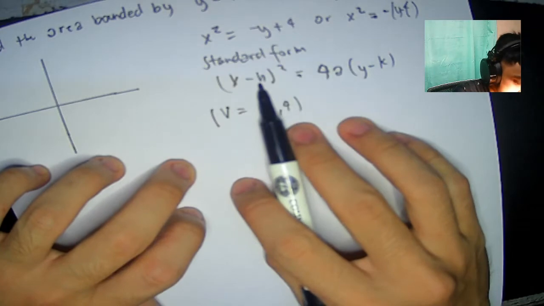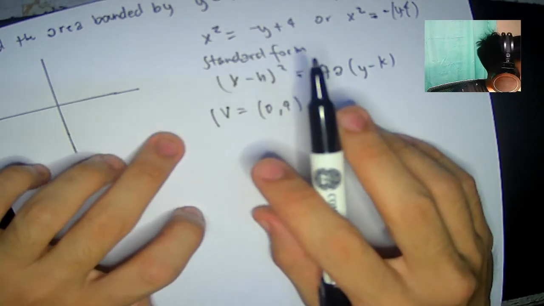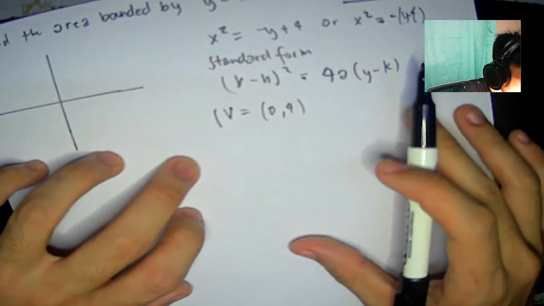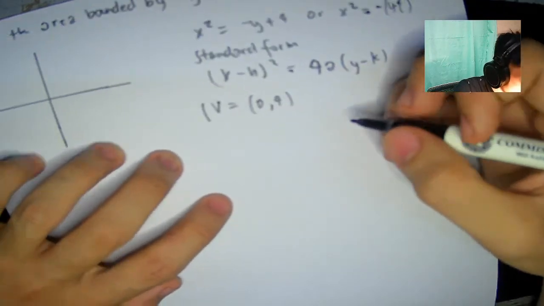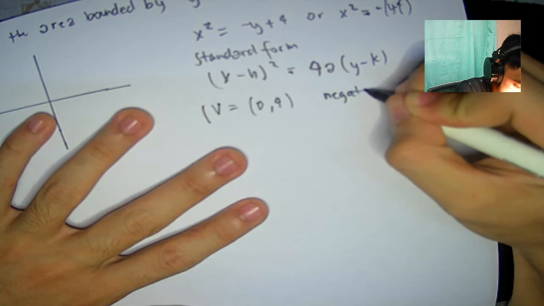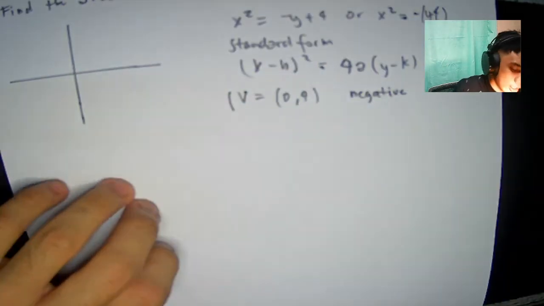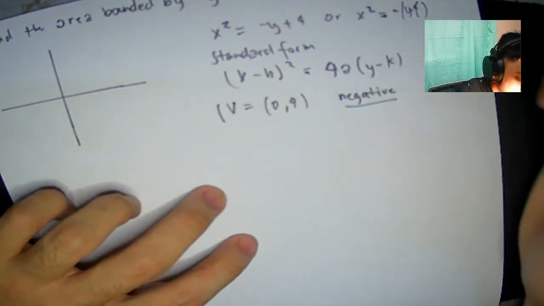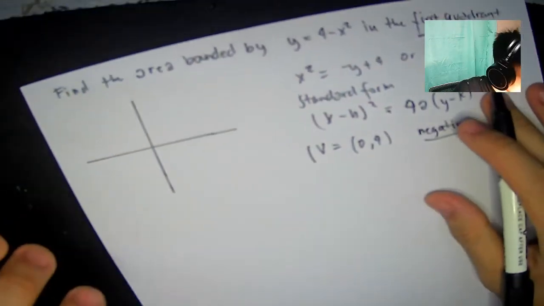We have h, but there is no h term. When there is no negative h term, the parabola is opening negative, or facing down.